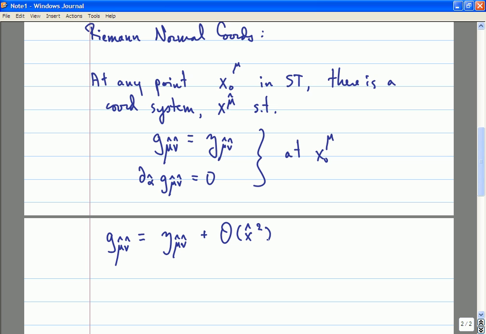And how many degrees of freedom does it take to describe those terms that are order x squared, these quadratic deviations from being exactly flat at this point? Well, we did a little counting last time, and we saw that there are 100 possible second derivatives of the metric in 4 dimensions, and only 80 possible coordinate transformations at that order, meaning that there are physically 20 degrees of freedom in these second derivatives of the metric.